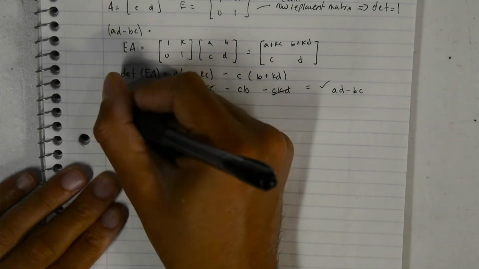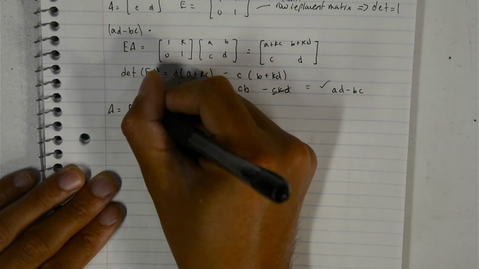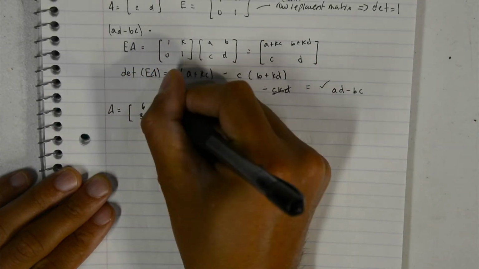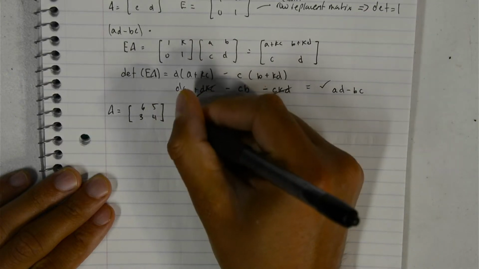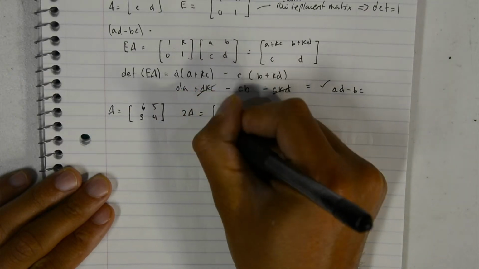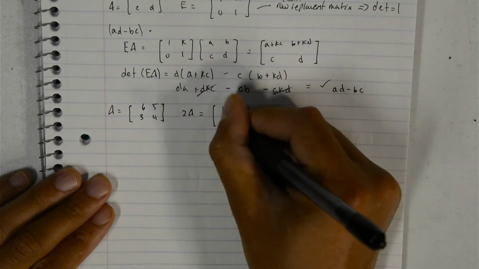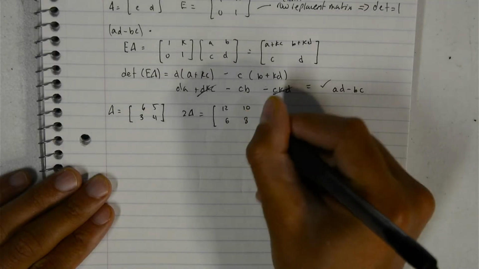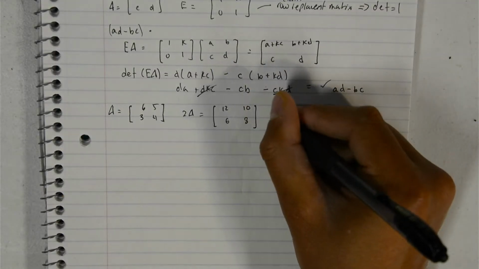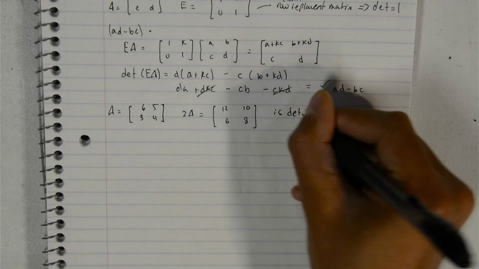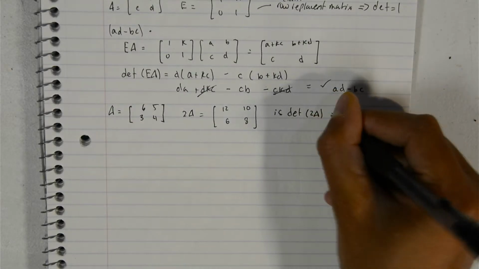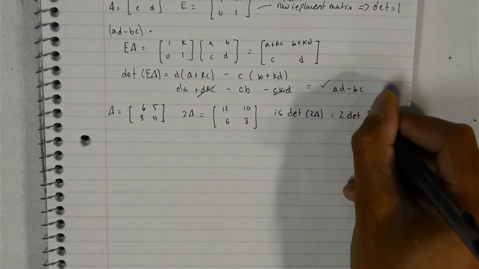Okay, it says A is equal to 6, 5, 3, 4, and 2A is equal to 12, 10, 6, 8. Is det 2A equal to 2 det A?